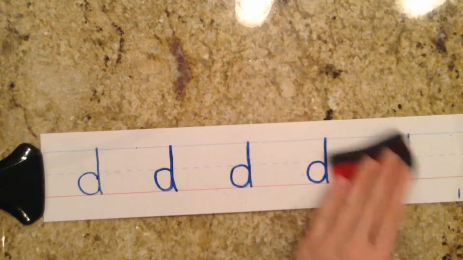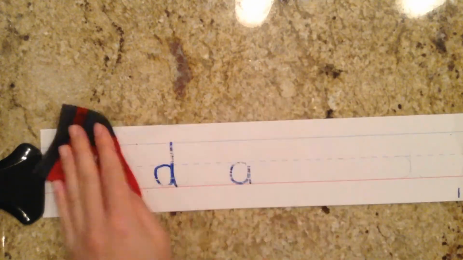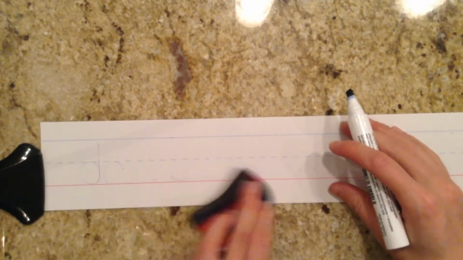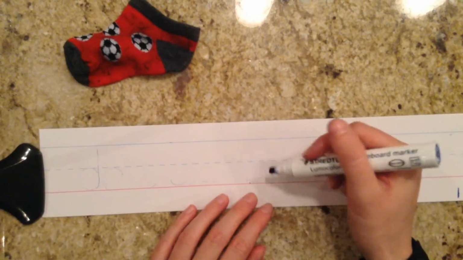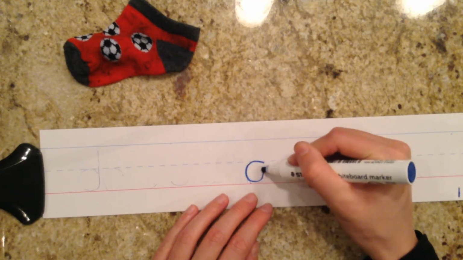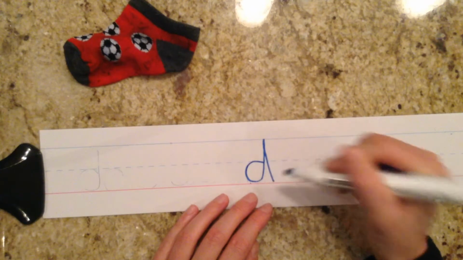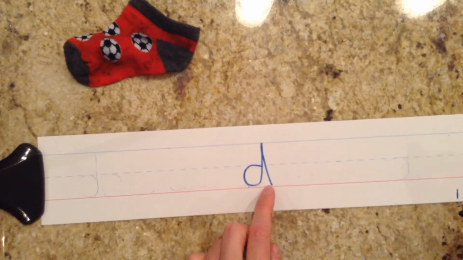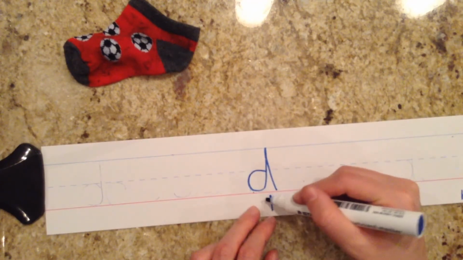See if you can find the mistakes in the following lowercase d's. This is one of the most common mistakes. Watch this. Do you see the giant gap between the circle and the stick part of the d? Right in there?